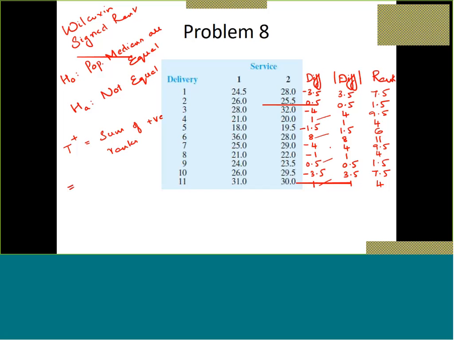So what are their ranks? 1's rank is 4, plus 8's rank is 11, plus 0.5's rank is 1.5, 1's rank is 4. So what is the answer?